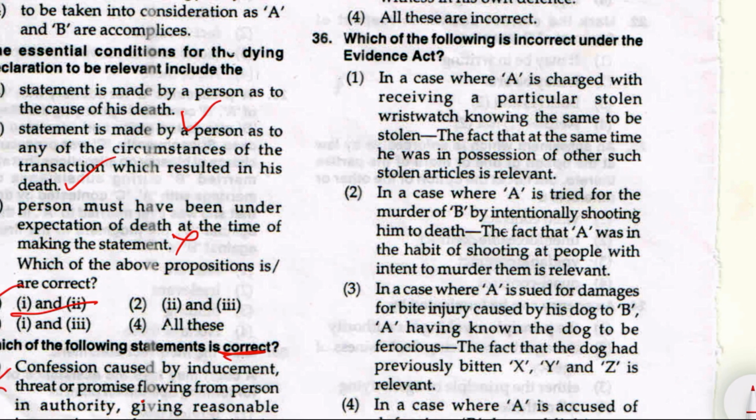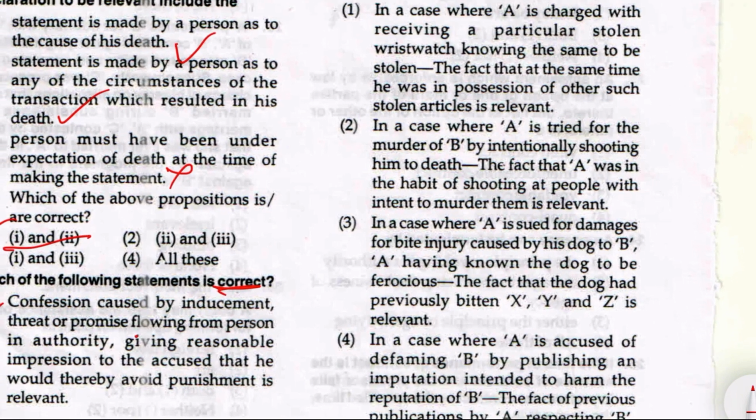Which of the following is incorrect under the Evidence Act? Option 1. In a case where A is charged with receiving a particular stolen wristwatch knowing the same to be stolen, the fact that at the same time he was in possession of other such stolen articles is relevant. Option 2.